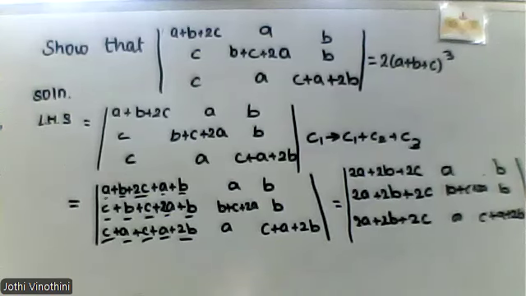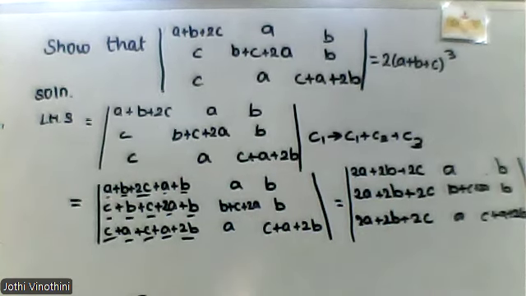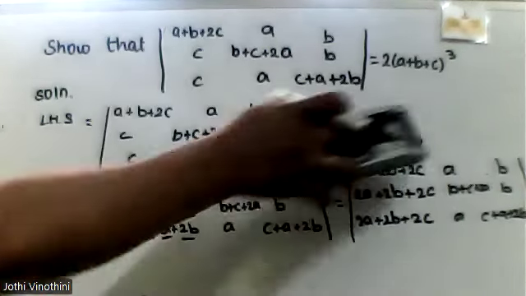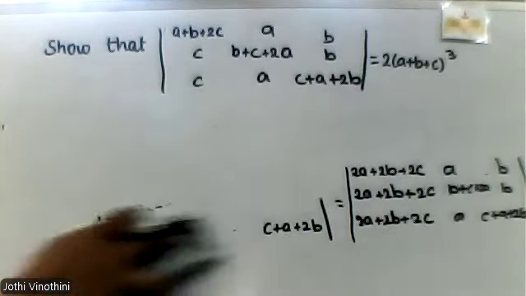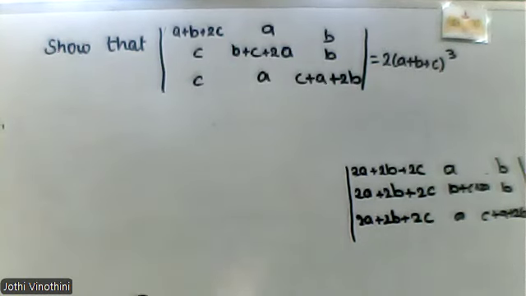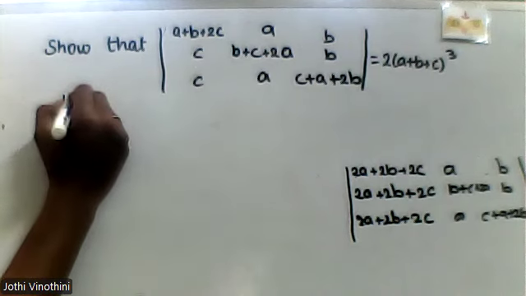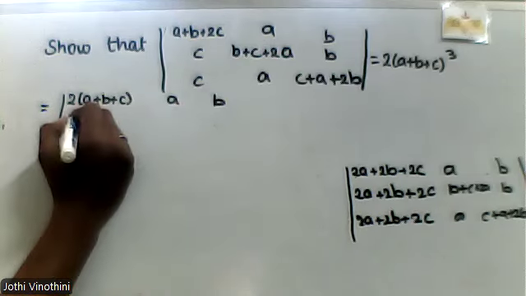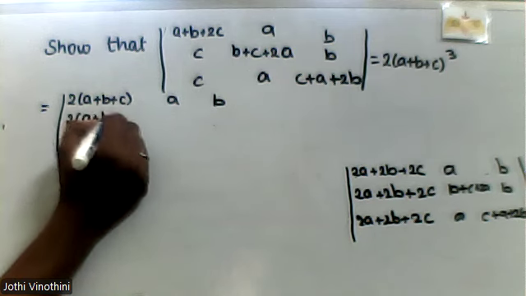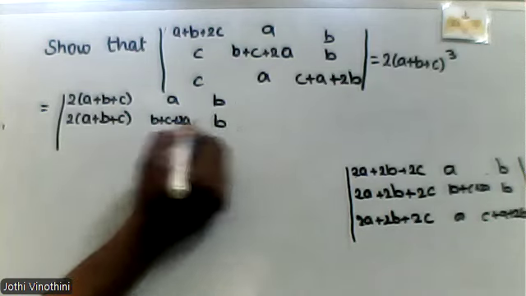Clear? See, in all the elements of the first column we have 2, so I am going to take that out. So it becomes 2 multiplied by (a plus b plus c), and a and b. Here also 2 multiplied by (a plus b plus c), and here b plus c plus 2a and b.